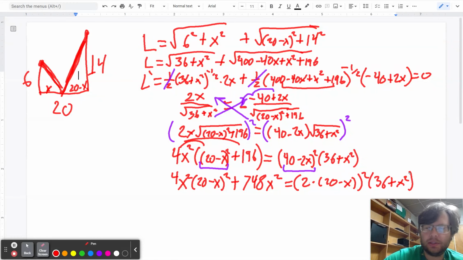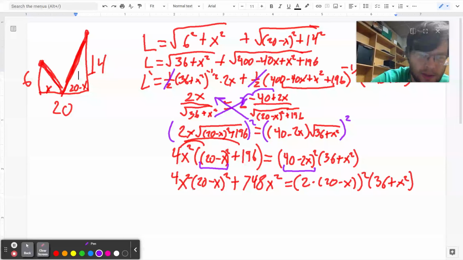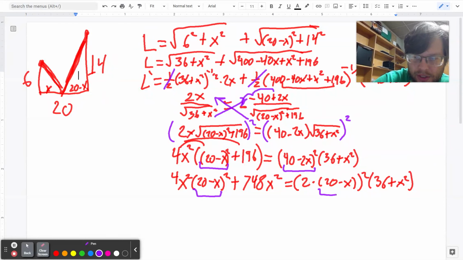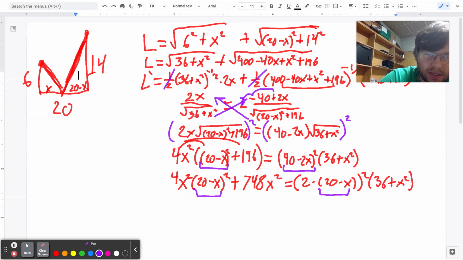What I'm trying to do is keep something that looks similar, and I'm noticing the 20 minus x squared is showing up. And so I don't want to distribute it out and lose that similarity, because then you just have this big string of things and it's easy to lose track of what's going on. So I'm going to bring this term over to the right side and then see what we can do from there.